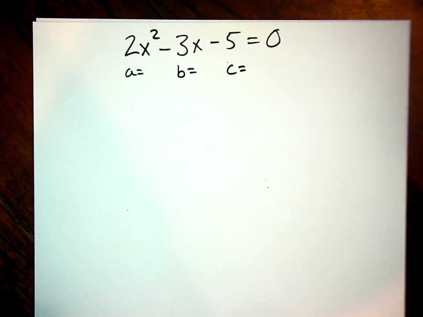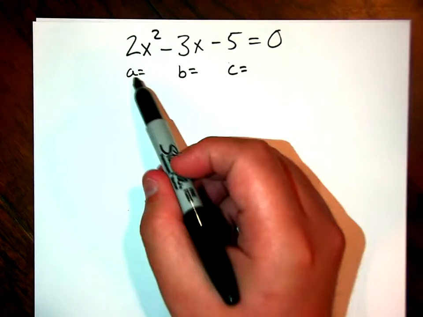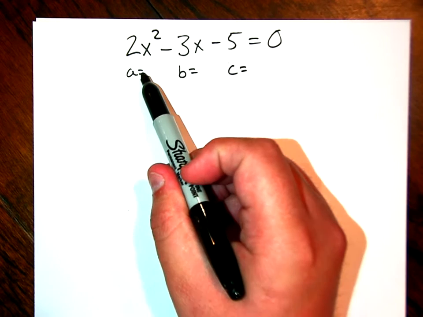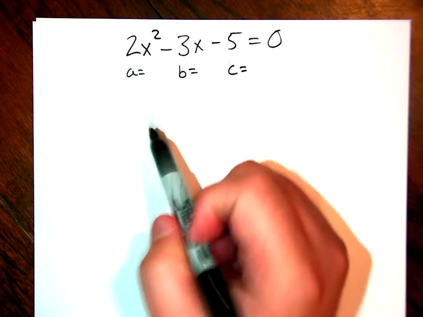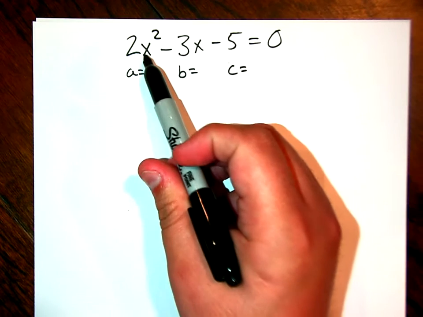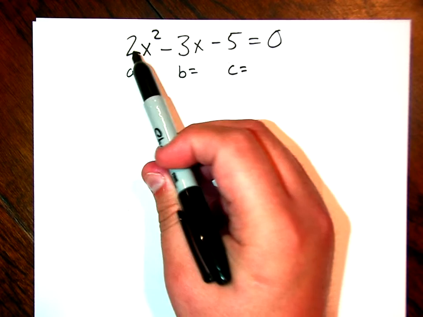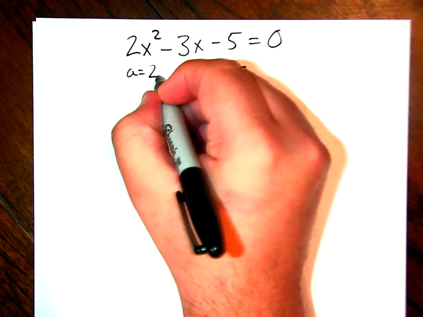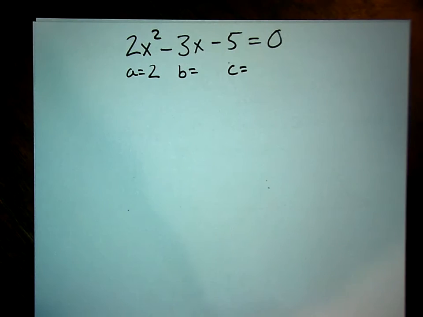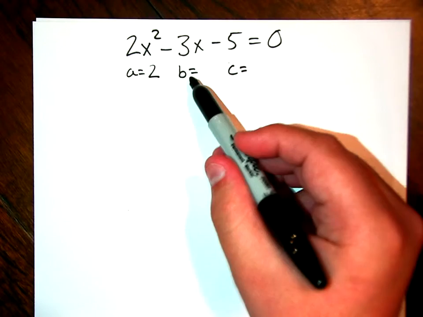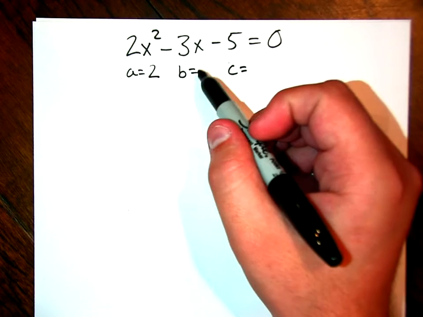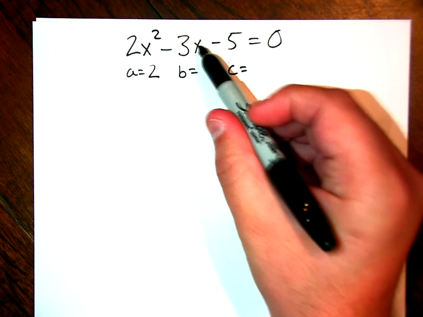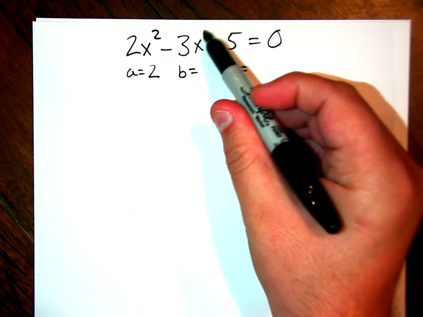So let's take a look. A is always going to be the number attached to my x squared term. The number of my x squared term here is not 1, it's going to be a 2. So my A value is going to be 2. Now we need the B value, and we know that the B value comes from the x term, the x with the power of 1.